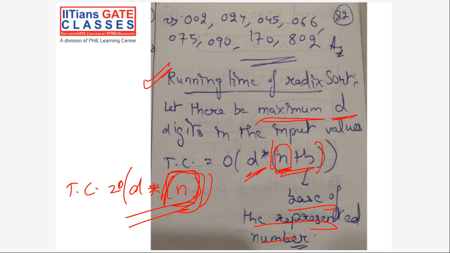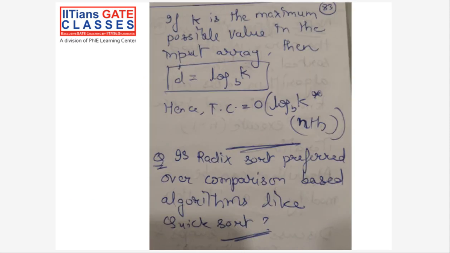Everyone understood this? Yes or no? Forget about b. All right. So if k is the maximum possible value in the input array, then d is equal to this. Of course, you can find the digits. So let's say I have 1000.